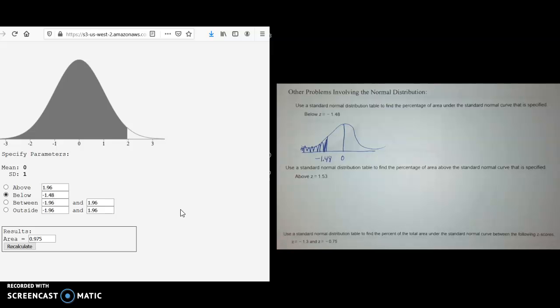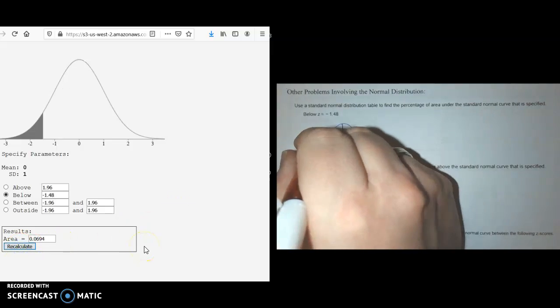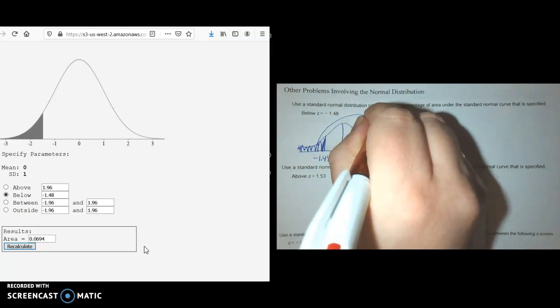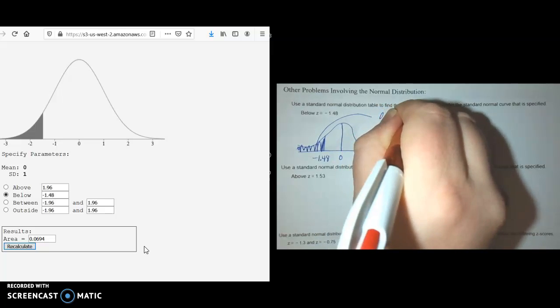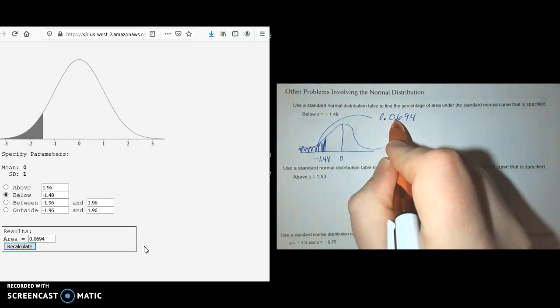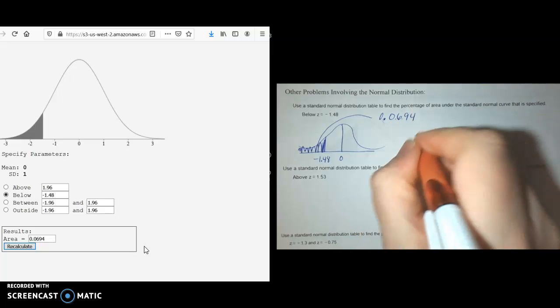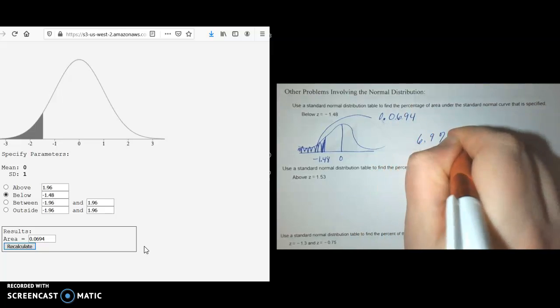That's right? Negative 1.48, yep. And click recalculate. And when I do, that's going to give me that area is 0.0694 or 6.9%. Okay?